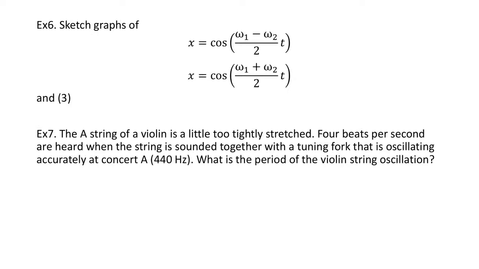Okay, so for exercise 7, we are told that an A string of a violin is a little too tightly stretched, and 4 beats per second are heard when the string is sounded together with a tuning fork that's oscillating accurately at concert A, 440 Hz. Okay, what's the period of the violin string oscillation?